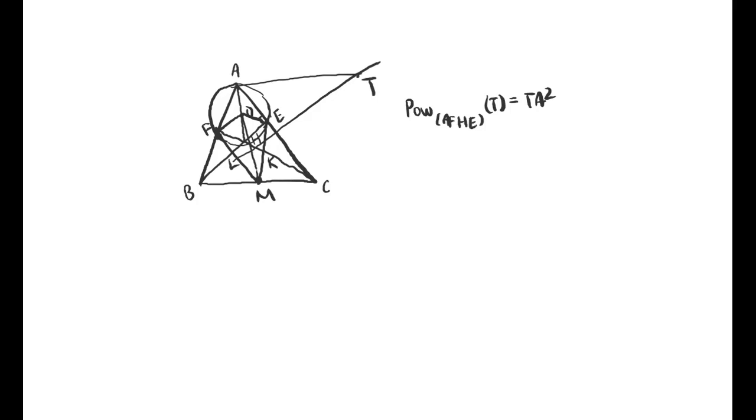Okay, so basically we can see that BFEC is cyclic, since BFC and BEC are both 90 degrees. And since M is the midpoint of BC, MB equals MF, which is equal to ME, which is equal to MC. And this basically shows that OFM and OEM are congruent.